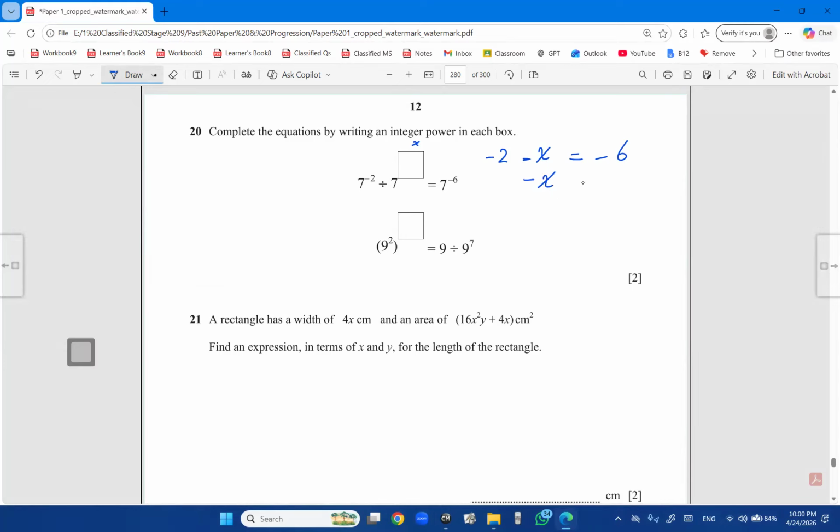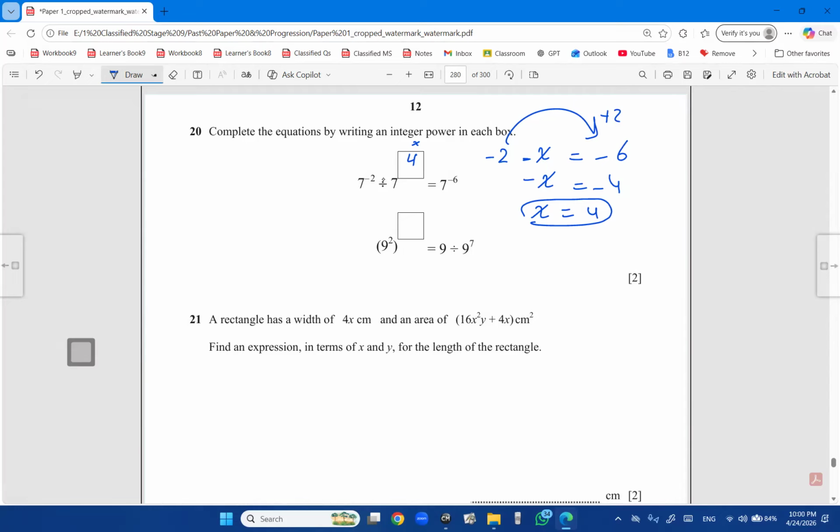So -x equals -6 plus 2, which is -4. So x is just 4. If you try -2 minus 4, it is going to give you -6.